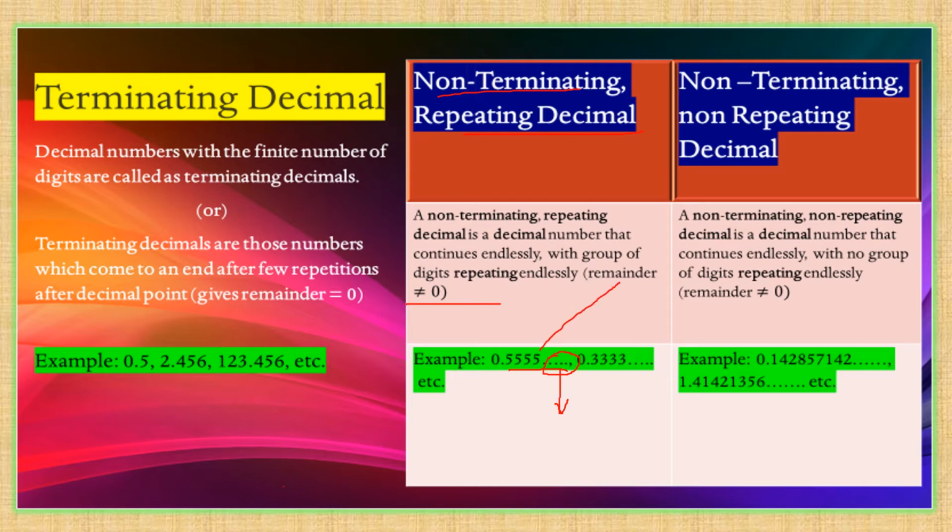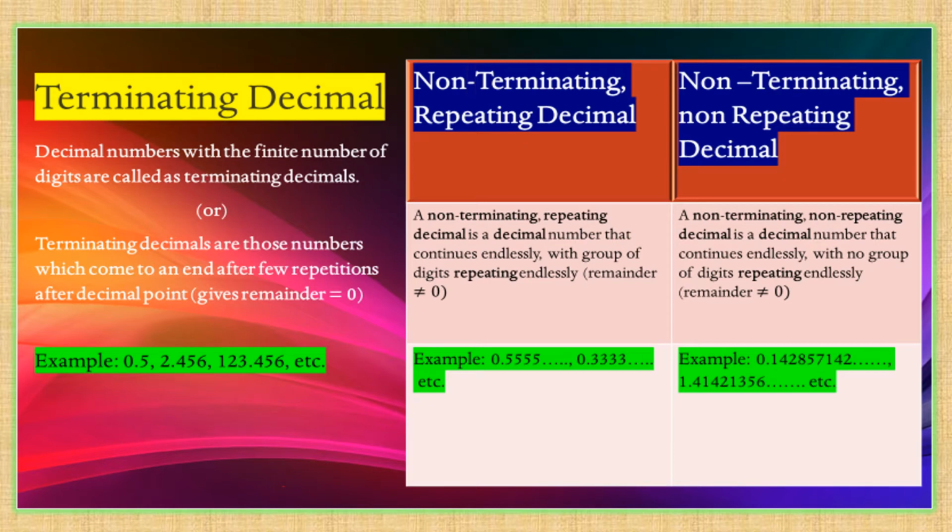When the remainder is not equal to 0. So they are called non-terminating repeating. Non-repeating means after the decimal point, no digit is repeating. So they are called non-terminating non-repeating.